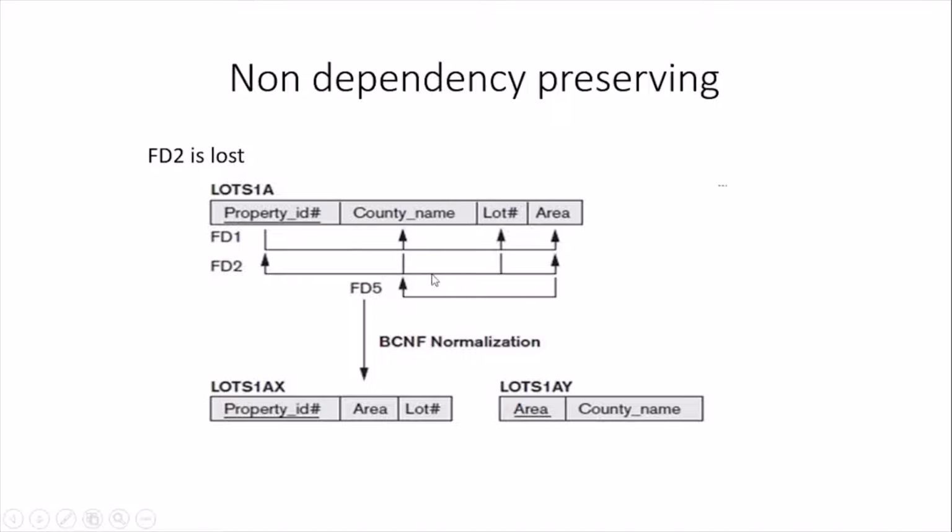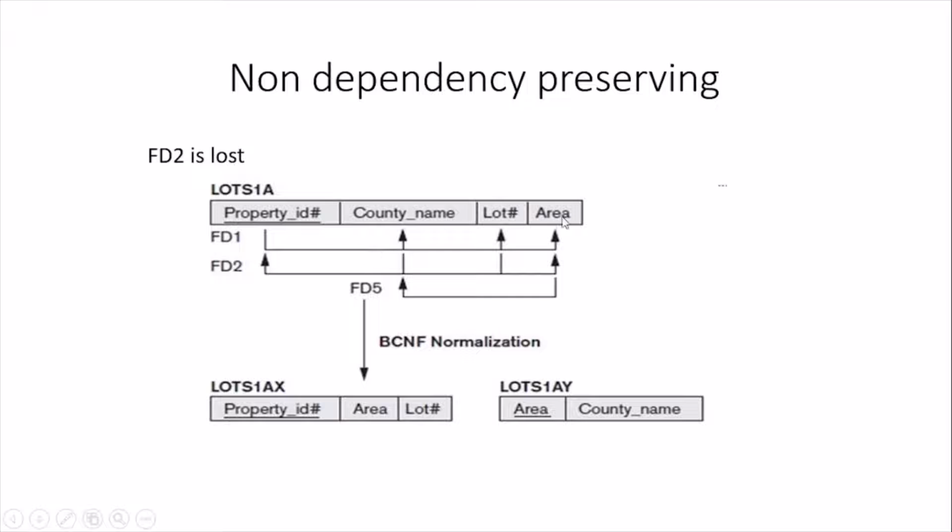Suppose that kind of a functional dependency is there. This is obviously in 3NF because even though you have area to county name, county name is a prime attribute. So that condition is true.